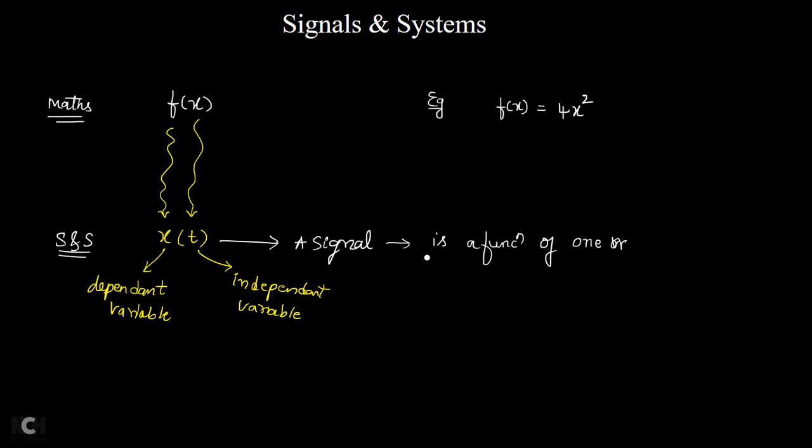So in general, we can define a signal as a function of one or more variables which carries some information, because otherwise if it is not carrying any information we cannot call it a signal. Now in the real world, where do you find a signal?